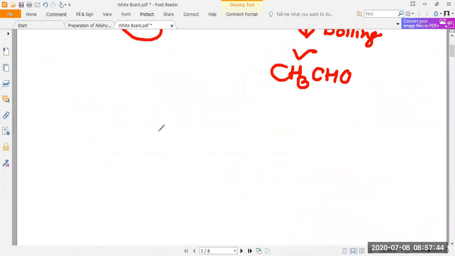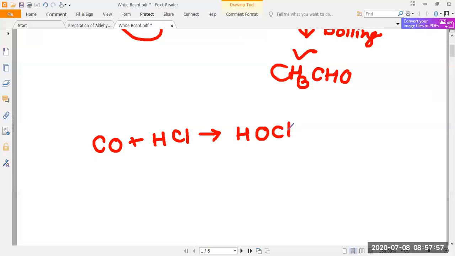The reaction goes like this: carbon monoxide reacts with HCl and forms HOCl. This is the first step.